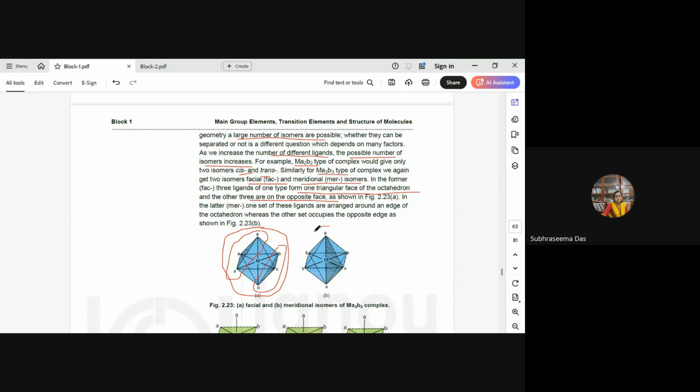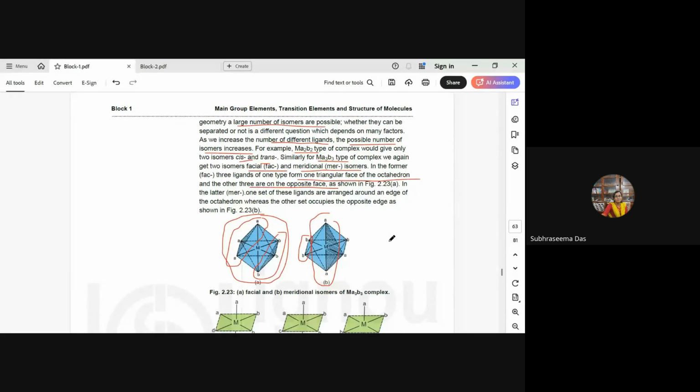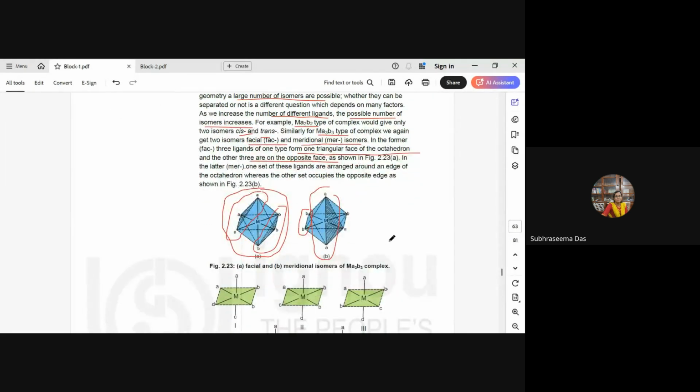Here the B ligands, which are the same, occupy one edge of the octahedron, whereas the other set, the A ligands, are present on the opposite edge. This is how we differentiate between a facial isomer and a meridional isomer, for octahedral complexes.